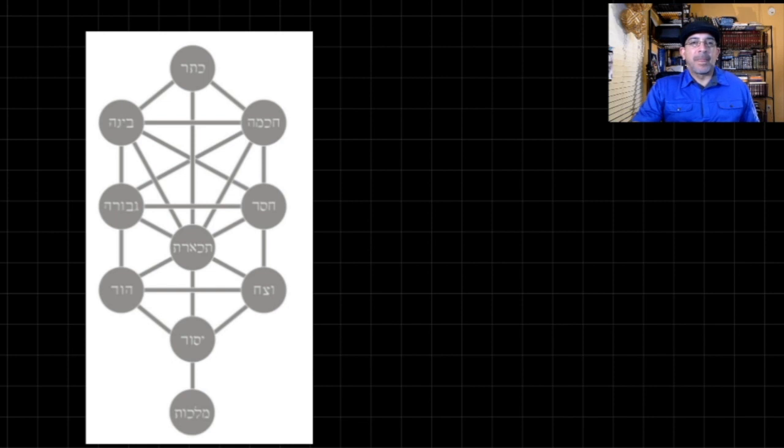And it's divided into 10 sefirot with the names Keter, Chokmah, Bina, Chesed, Geburah, Tiferet, Netzach, Hod, Yesod, and Malchut.